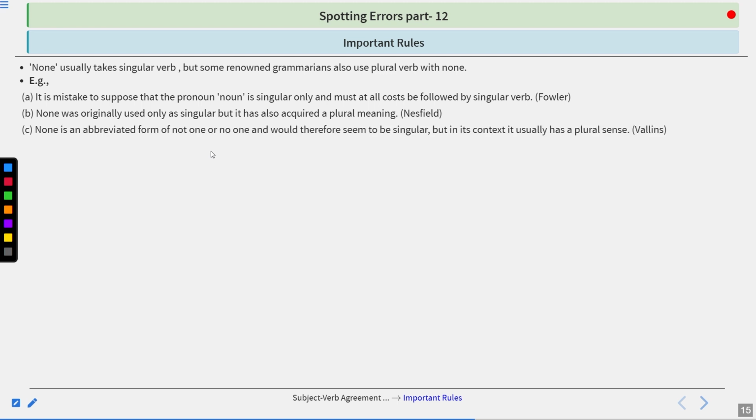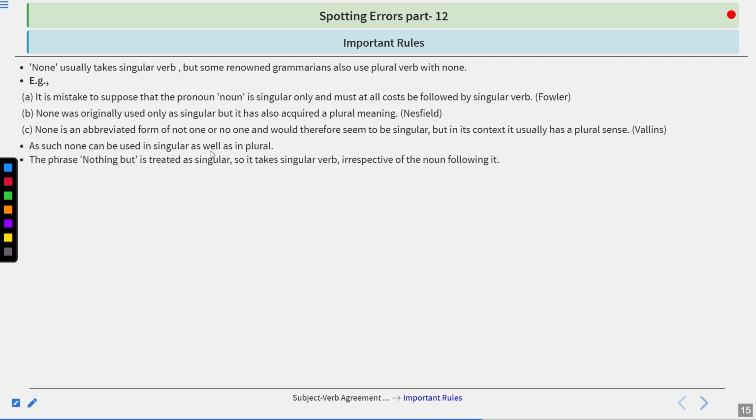None is an abbreviated form of "not one" or "no one" and would therefore seem to be singular, but in its context, it usually has a plural sense. As such, none can be used in the singular as well as in the plural.